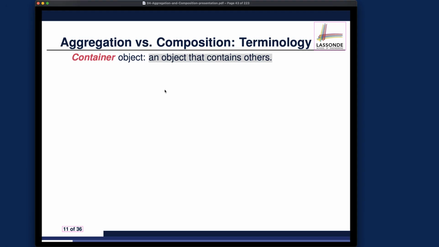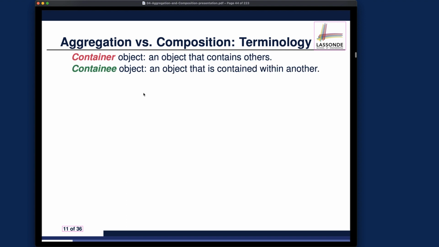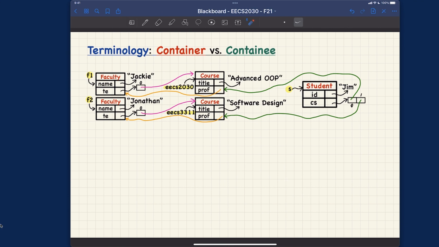A containee is simply the symmetric notion: an object that's contained within another. Let's talk about the course case, which is easier. A course contains a single faculty member as its instructor.